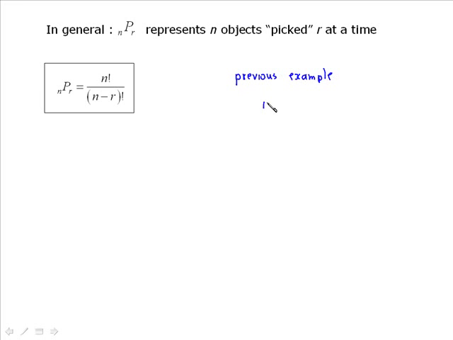If you think back to the previous example, when we had 12 pick 8, this would have been equal to 12 factorial, n factorial, all divided by 12 minus 8 factorial, which is 12 factorial divided by 4 factorial. Now that should look familiar because that was that shortcut that we used to do. And it was just based on this idea. So it's not a very sophisticated formula. It's just a way we can break these ones down.